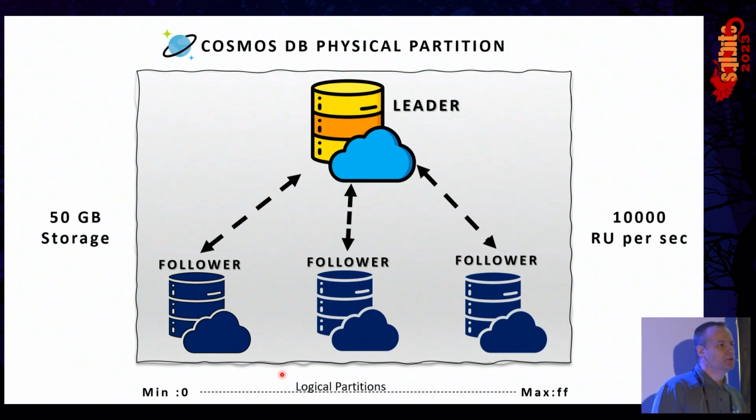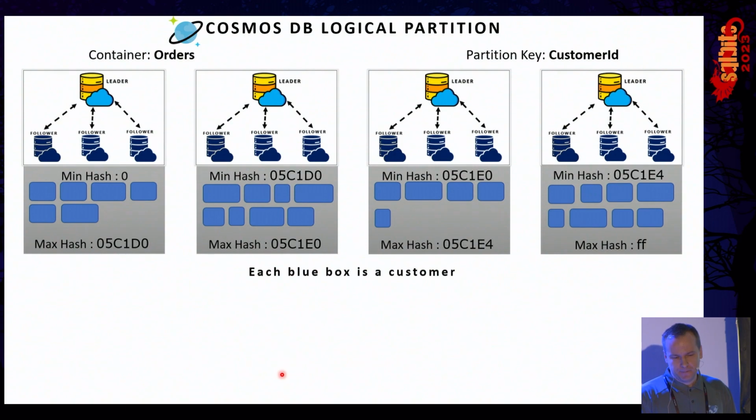In each physical partition, you are going to have 2 hash numbers, a minimum hash number and a maximum hash number. And by just knowing the hash number, Cosmos DB actually can tell which physical partition has which data. So if we look at that example here, let's say we have orders and we are saving that, and our partition key is customer ID. Now, let's say we have 4 physical partitions.